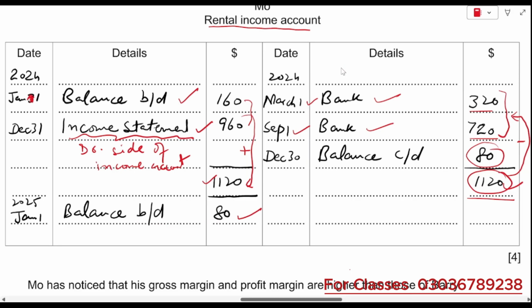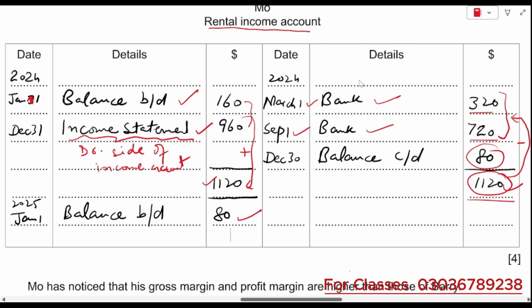This question is of 4 marks. Here you have to remember when we have an income account, payments that we have received, receivings, appear on the credit side of the income account, and income statement on the debit side.